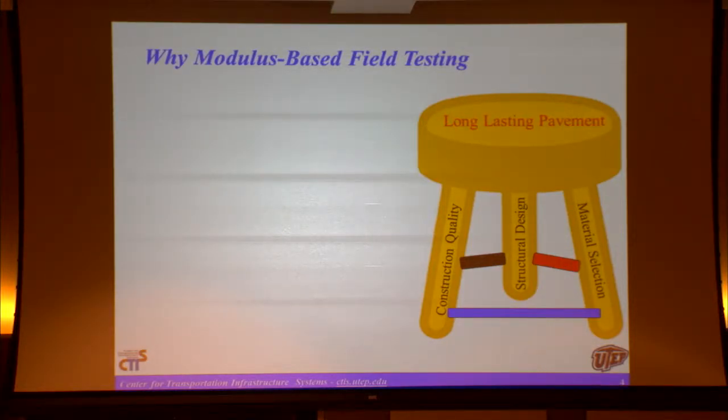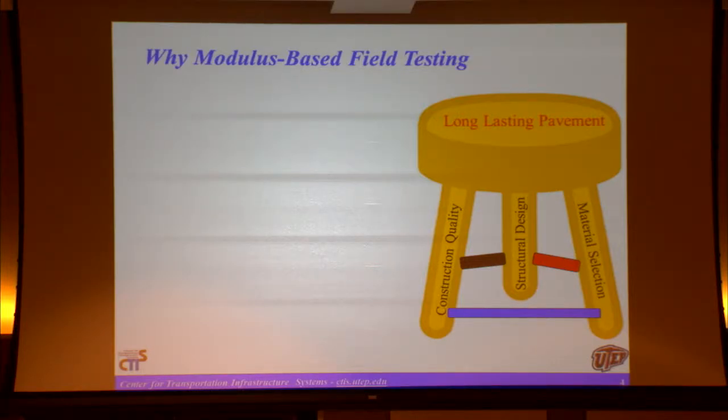Now, we want a long-lasting pavement. In order to get that, we have to have a stool with 3 legs that are the same size: one is construction quality, one is structure design, and the third one is the material selection. So we have to do all three of them well to get a well-performing pavement.